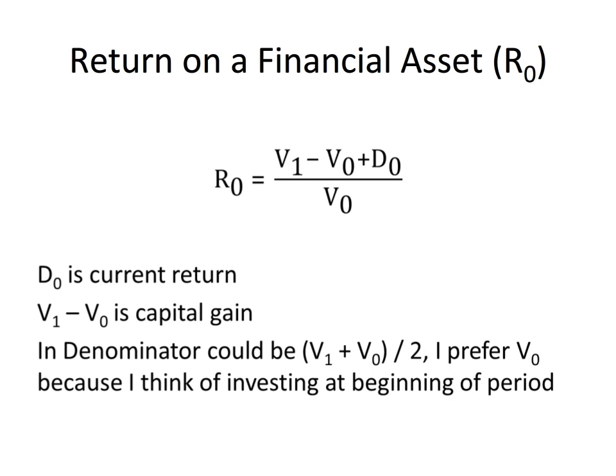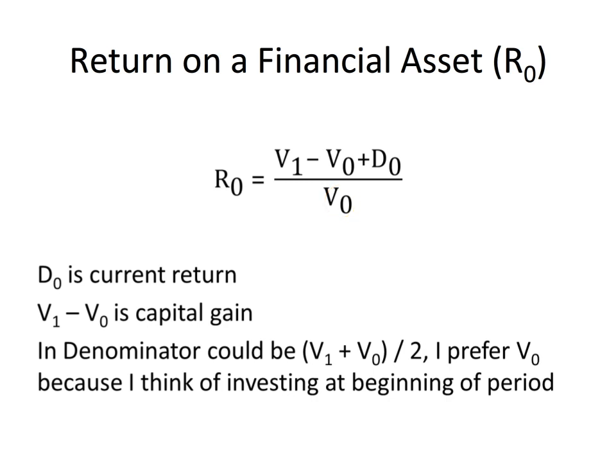Capital gain. The second term up there is D sub O, and that's the dividend payment, or the current return, or the cash return. Those two are added together and divided by V sub O, or the stock price. That stock price represents what it would have taken to make an investment.